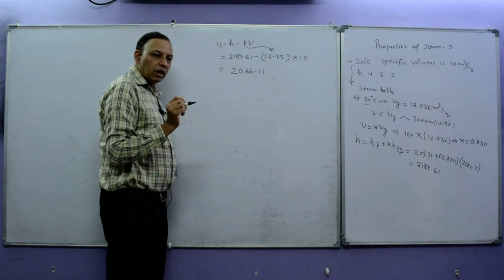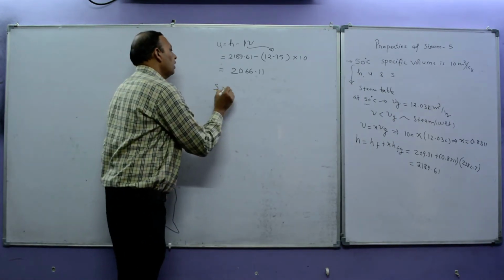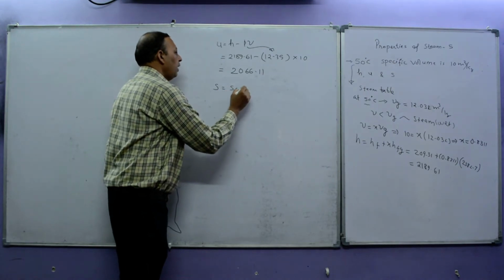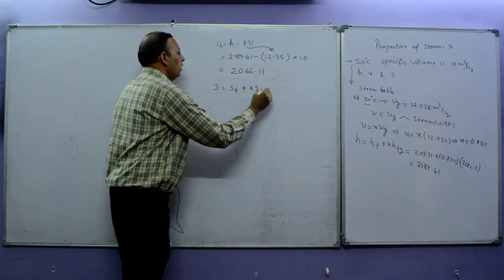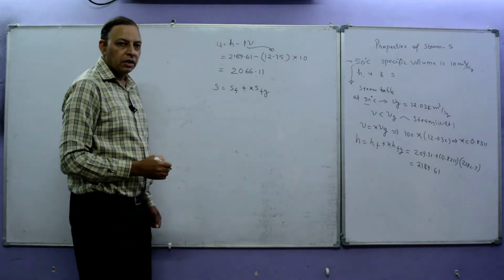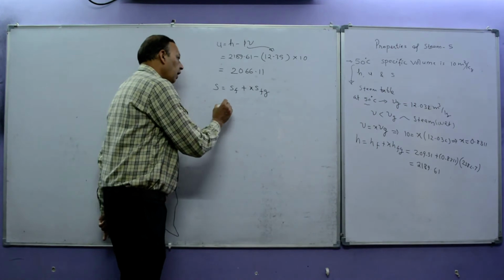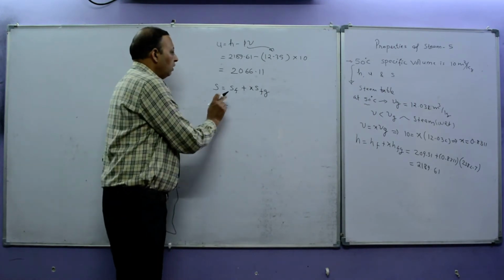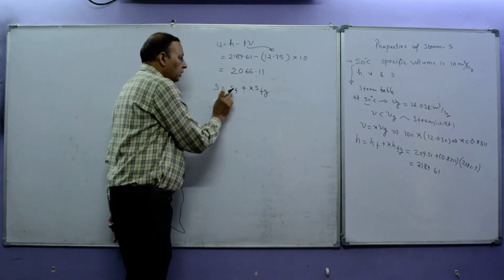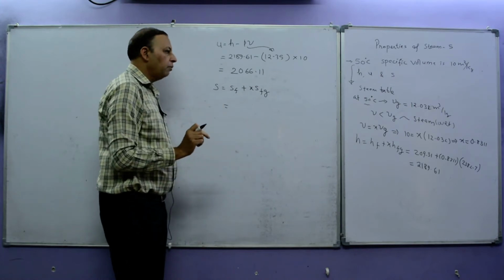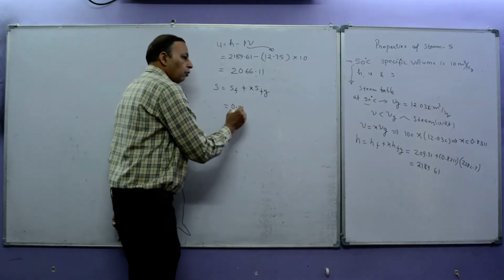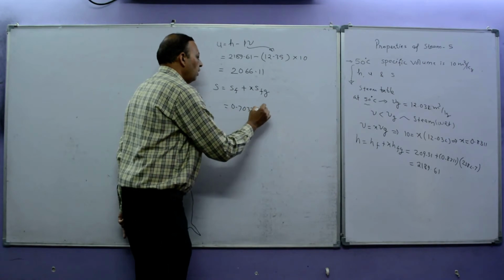Now, our last objective is to calculate the entropy of wet steam by the formula S is equal to SF plus x SFG. Again, you have to see the values of SF and SFG from steam table. So SF is 0.7037.